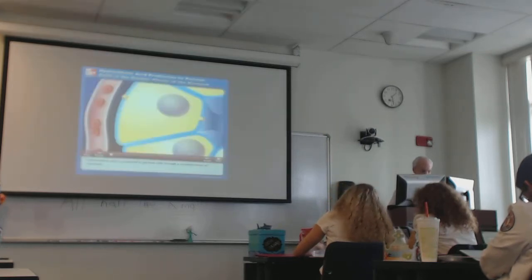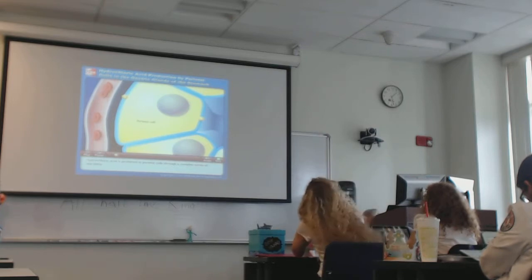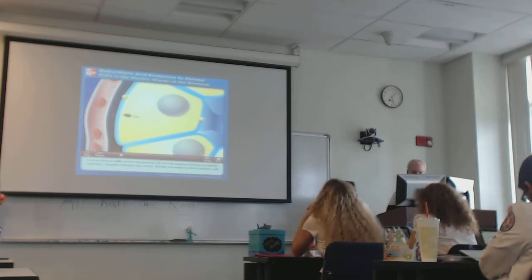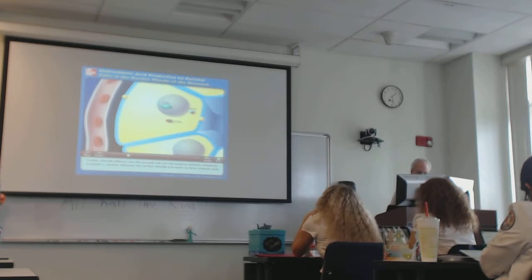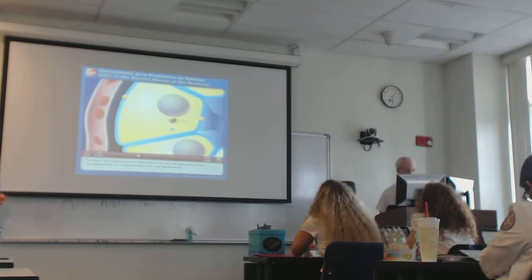Hydrochloric acid is produced in parietal cells through a complex series of reactions. Carbon dioxide diffuses into the parietal cell, and the enzyme carbonic anhydrase catalyzes a reaction between the carbon dioxide and water to form carbonic acid. Carbonic acid dissociates into bicarbonate ion and hydrogen ion, and the bicarbonate ion is transported back into the bloodstream.